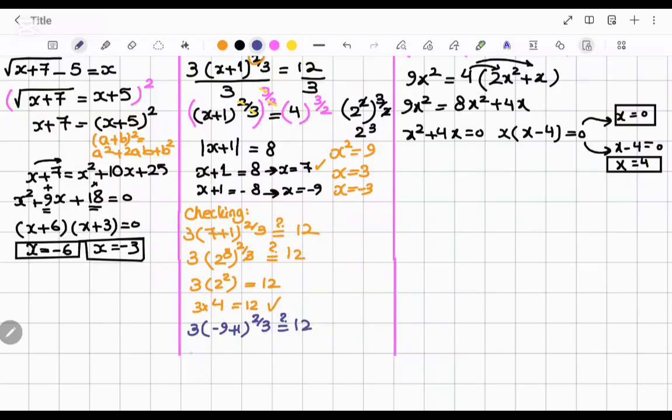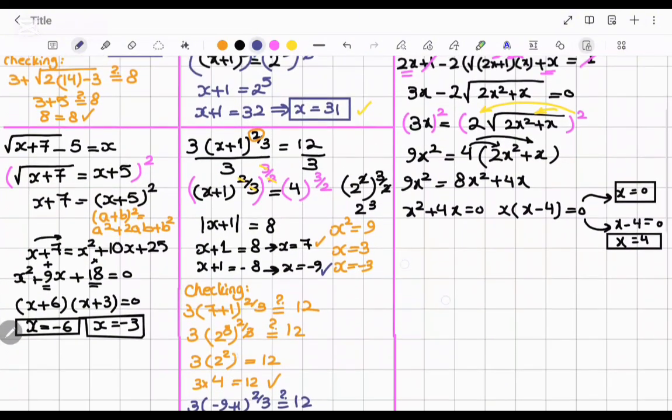Negative 9 plus 1 is negative 8, and negative 8 is negative 2 to the power of 3, to the power of 2 over 3. So these 3s are gone. And 3 times negative 2 to the power of 2, we want to know if it's 12 or not. What is negative 2 to the power of 2? Positive 4 again. So did you just see what happened? So this is also going to work. So that's what even power does to my question.